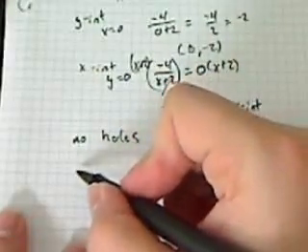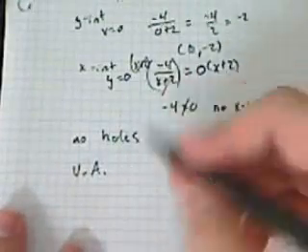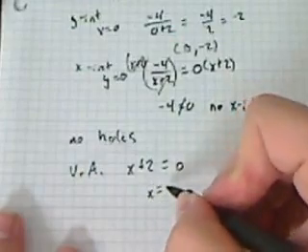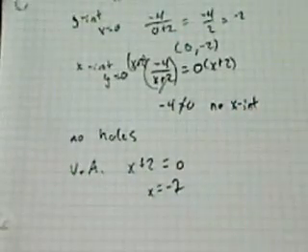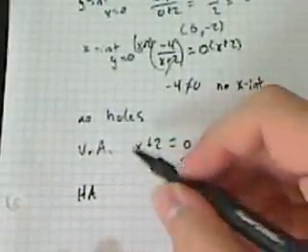Step 4, we're going to look for our vertical asymptote. This is where we set our denominator equal to 0 and solve for x. x plus 2 equals 0, x equals negative 2. And finally, we're going to look for our horizontal asymptote.